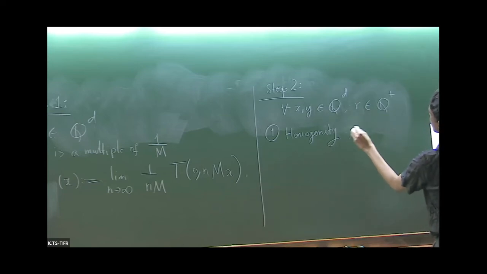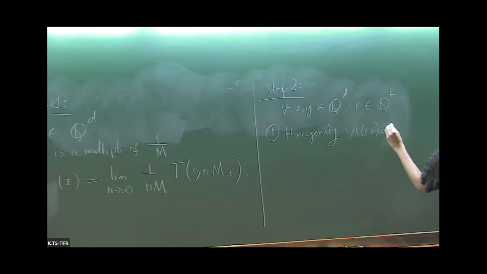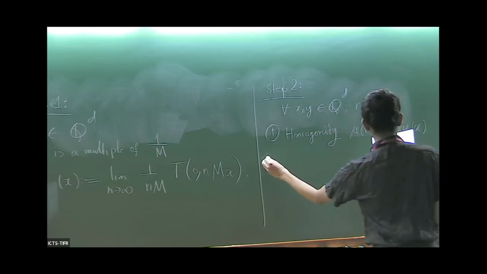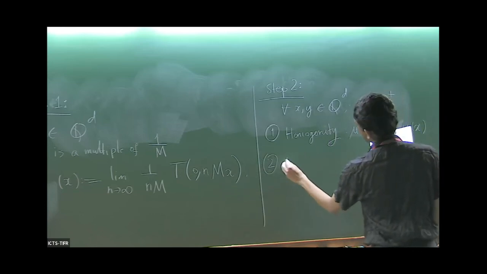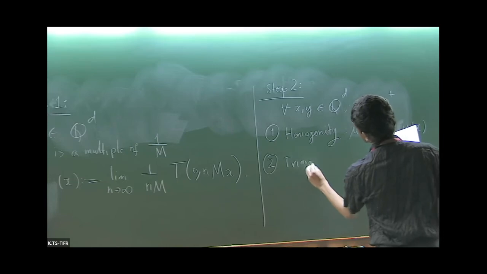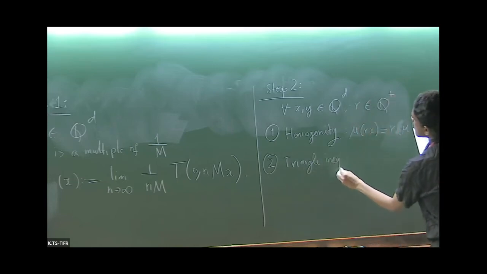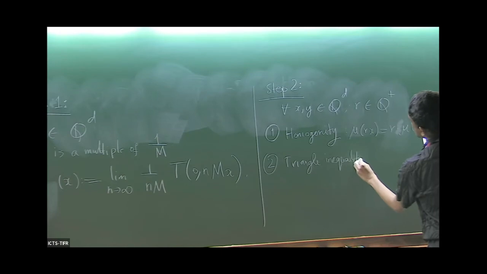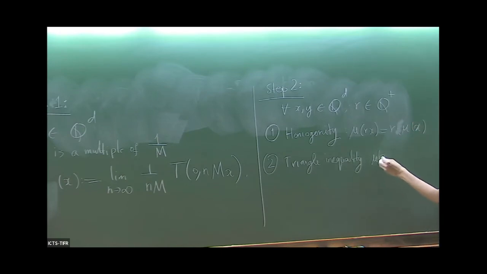This is mu of rx is r times mu of x. This is from definitions. Then we have the triangle inequality: mu of x plus y is less than or equal to mu x plus mu y.